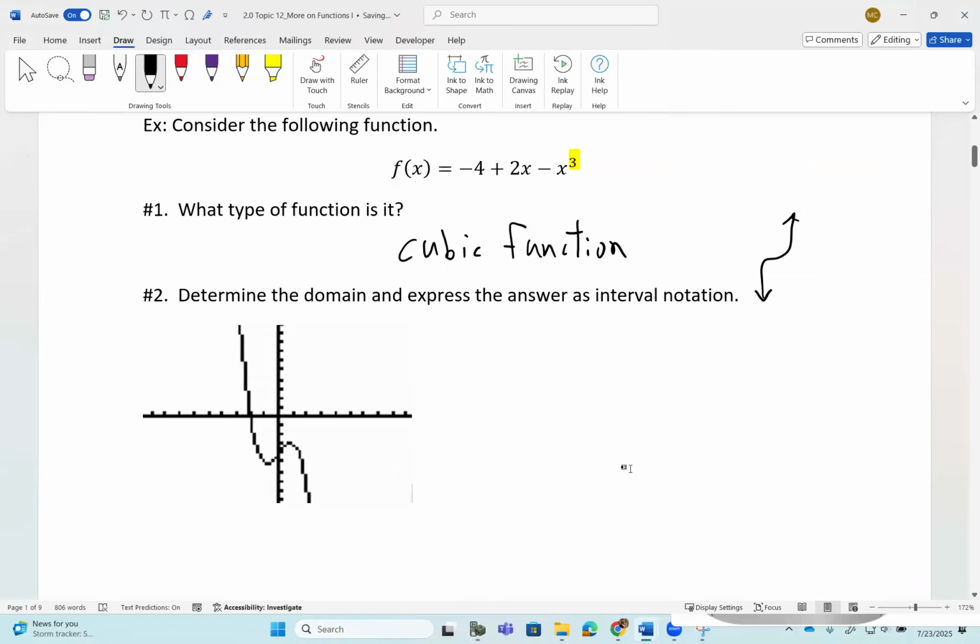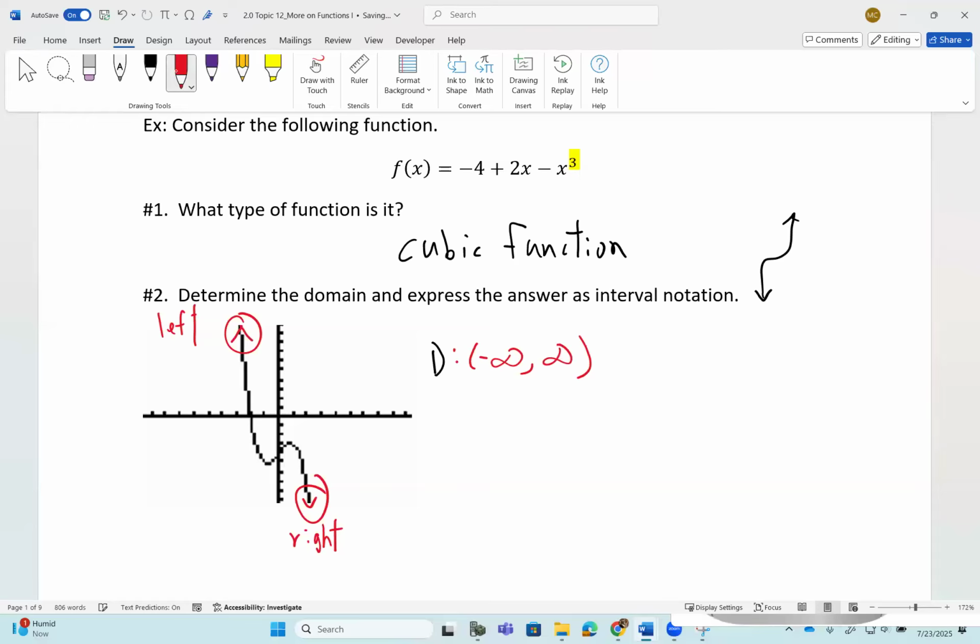As you can see, this arrow is pointing up, also pointing left. This arrow keeps on pointing down, also going right. So that means your x values on this function, which is your domain, must be coming from negative infinity all the way to positive infinity.